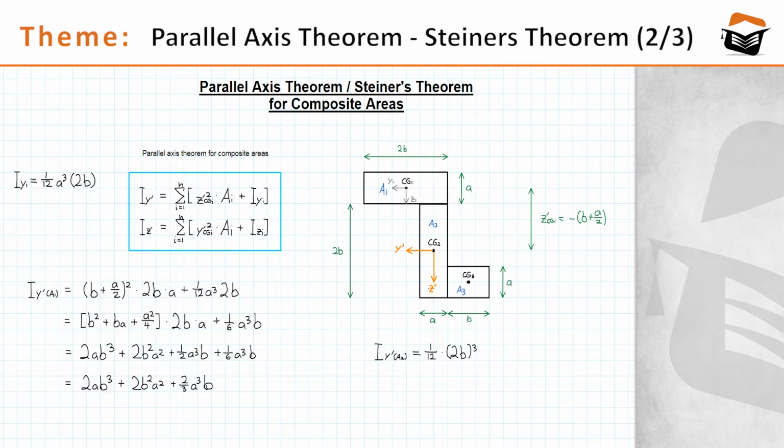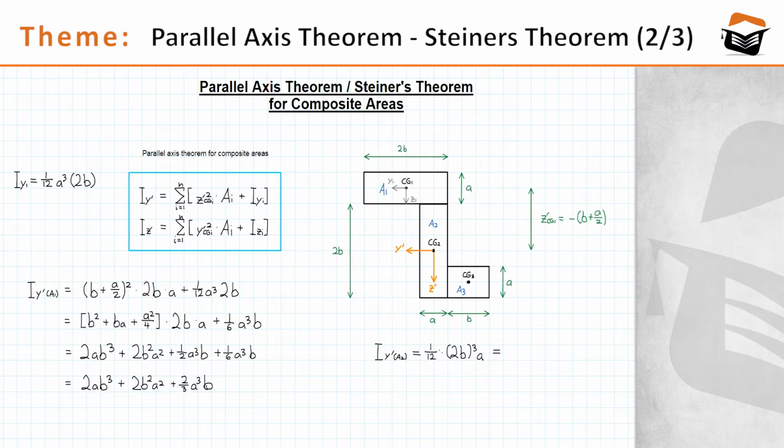Okay, and the length that is parallel to the y prime axis would be a for the second partial area. So times a, and we can just leave it as it is.